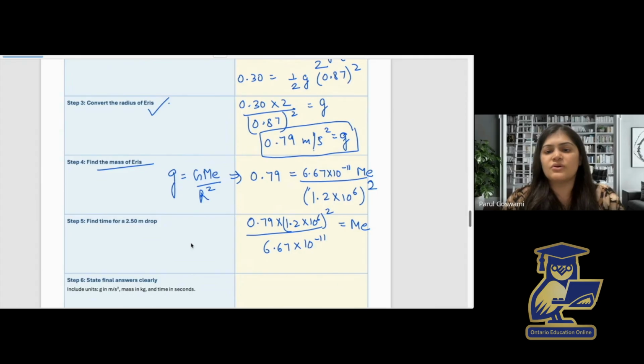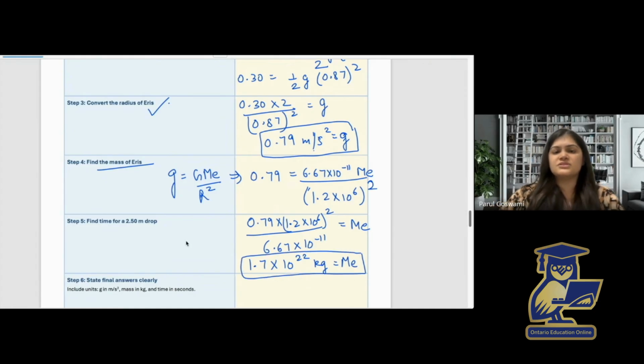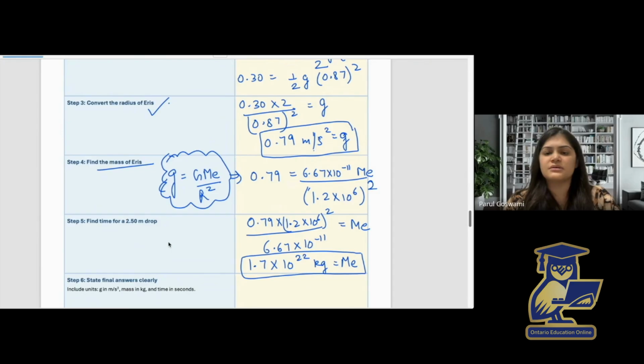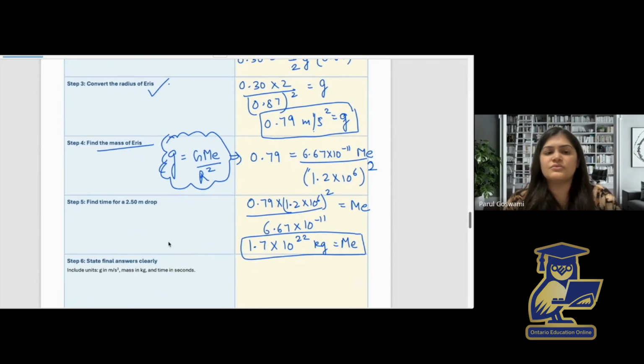And you can again solve this using the calculator, and you will get the mass of Eris as 1.7 times 10 raised to the power 22 kg. Right? So we have just used the relation between capital G and lowercase g in order to determine the mass, and then we have rearranged the equation.